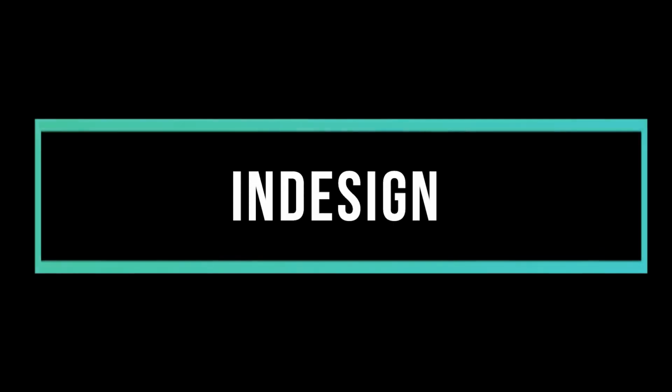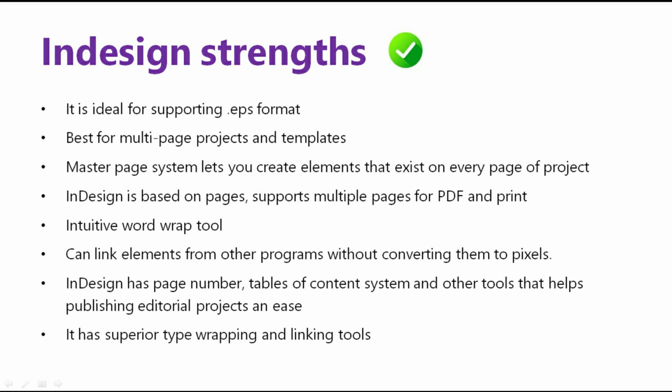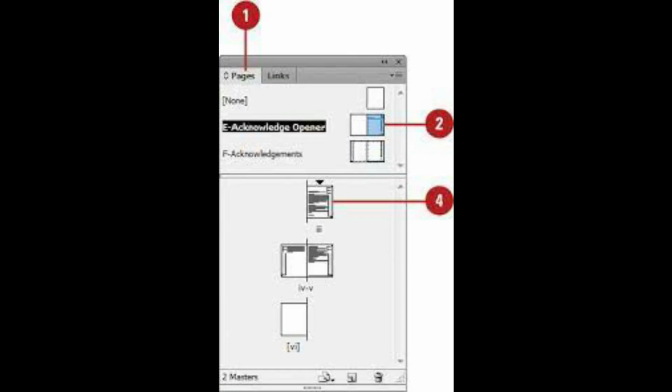InDesign strengths. It is ideal for supporting EPS format. Best for multi-page projects and templates. Master page system lets you create elements that exist on every page of a project. InDesign is based on pages, supports multiple pages for PDF and print.